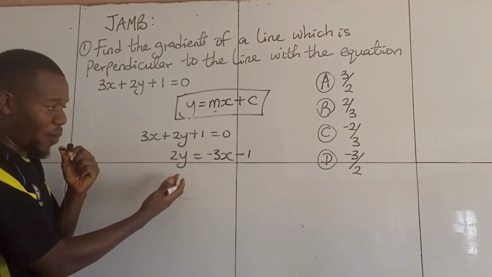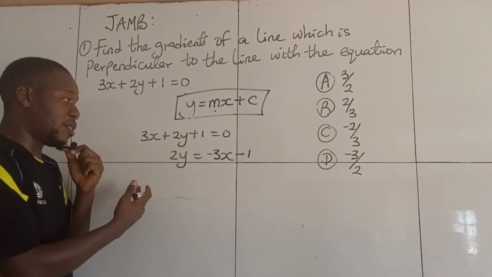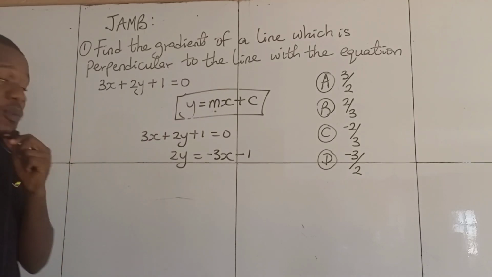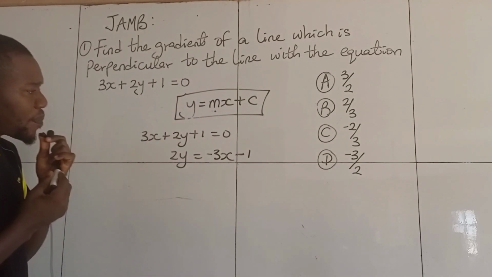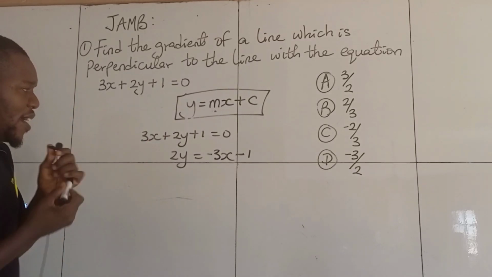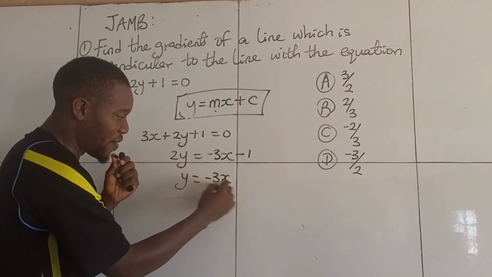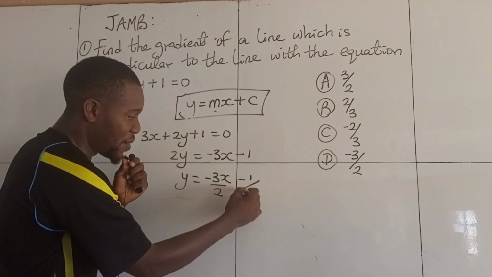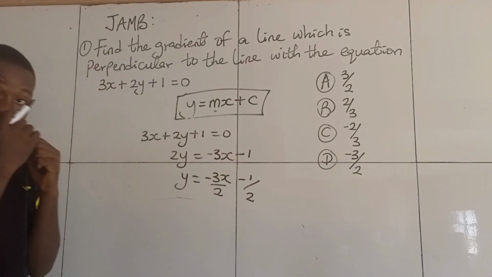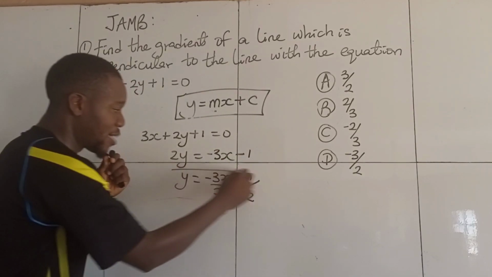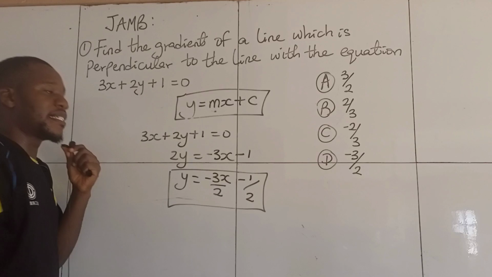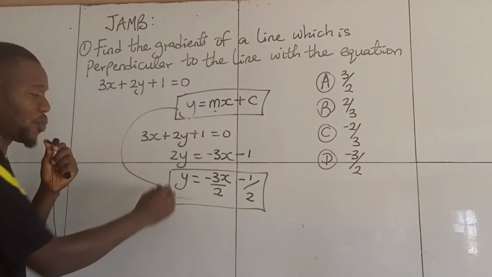Of course, y is not yet the subject. So we divide both sides by the coefficient of y, which is 2. And when I do that, y will become minus 3x over 2, then minus 1 over 2, dividing both sides by 2. So this has been written in the gradient intercept form, so we can compare these two equations.